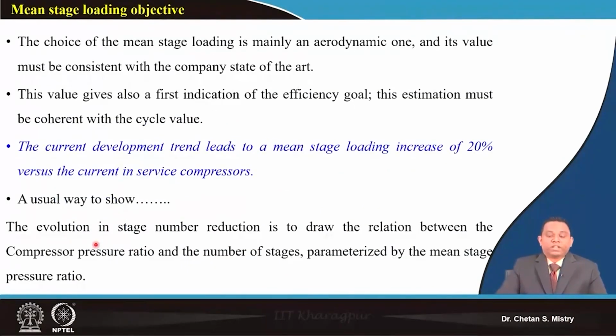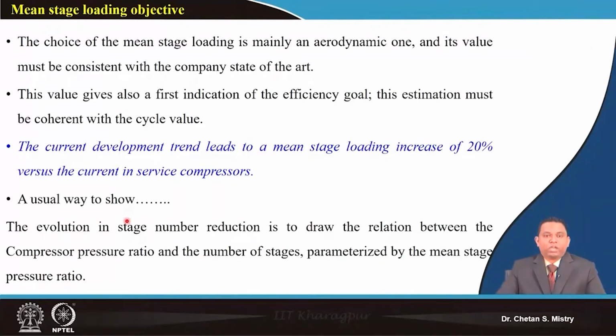Now the choice is mainly based on my aerodynamic requirement, and engine designing companies have their own databases that they use. Our major concern here is efficiency, and at the same time we need to check all our cycle parameters.